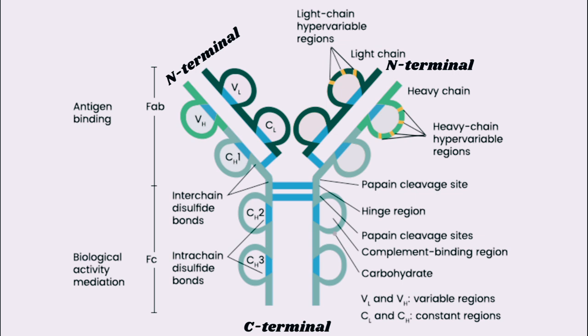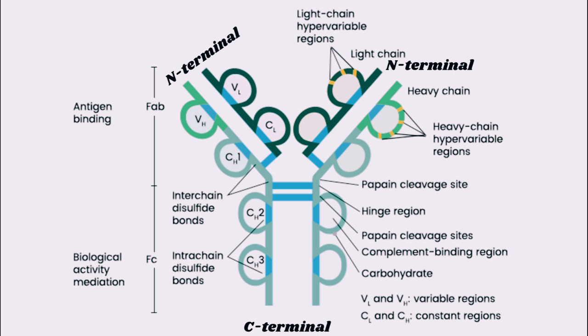The variable region is situated at the N-terminal portion. The constant region is mostly situated at the C-terminal portion, where the two heavy chains are present. But at the N-terminal, both the heavy and the light chain come together.